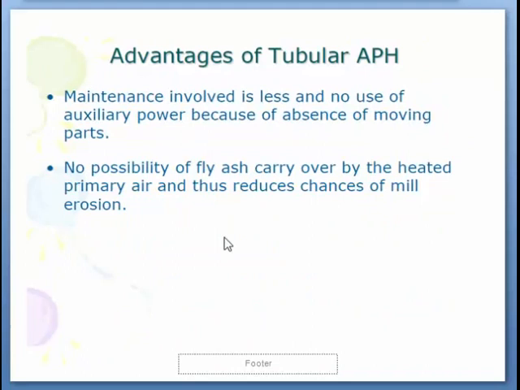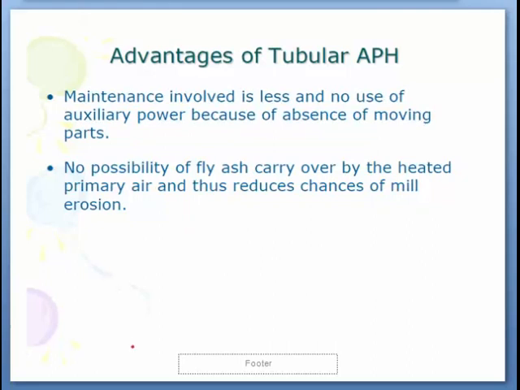The tubular air preheaters are stationary in nature, so they have some advantages, as less maintenance is involved, as no very complicated system is here, and it requires nil auxiliary power consumption. It requires nil auxiliary power because there is no moving part in it.